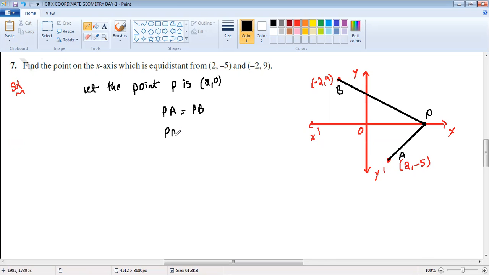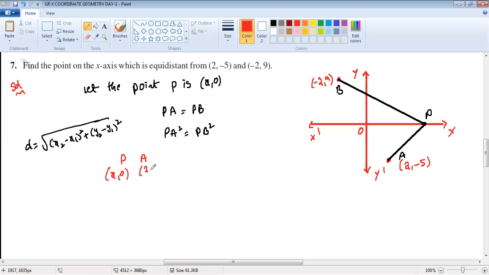So squaring on both sides, PA square is equal to PB square. Apply the distance formula, root over (x2 minus x1) whole square plus (y2 minus y1) whole square. On the left side, PA: P is (x, 0) and A is (2, -5). For PB, P is (x, 0) here also, and B is (-2, 9). Take these as x1, y1, x2, y2.